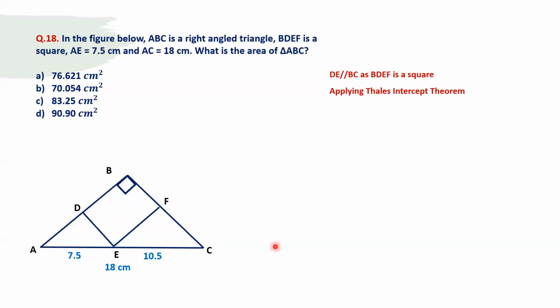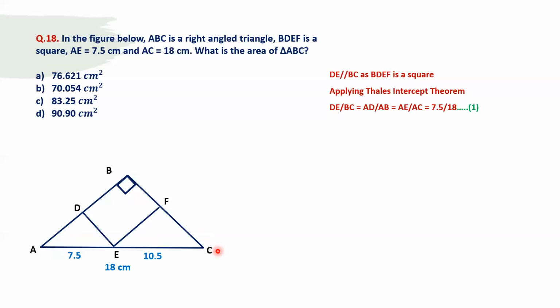So DE by BC is equal to AD by AB, which is equal to AE by AC. So this is as per Thales intercept theorem, right?